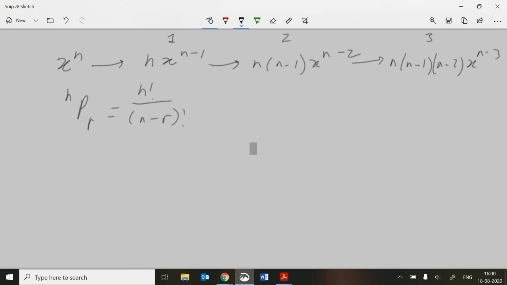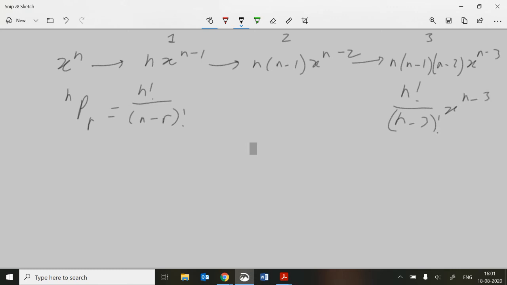Okay, so in this case, you can see that, in fact, that's exactly what we've got. We've got here our formula for nPr. So we've got essentially n factorial divided by n minus 3 factorial. All of n minus 3 factorial is now being cancelled. And we can see that we've got here x to the n minus 3.